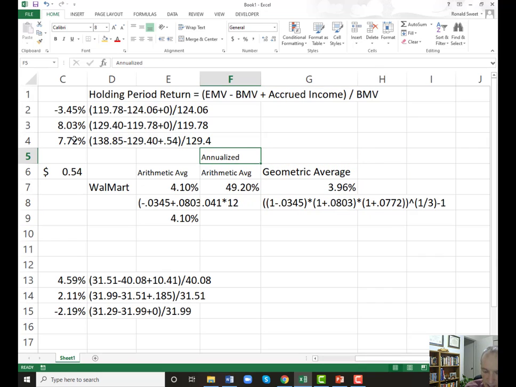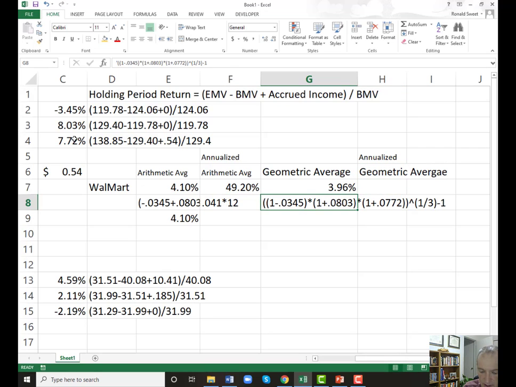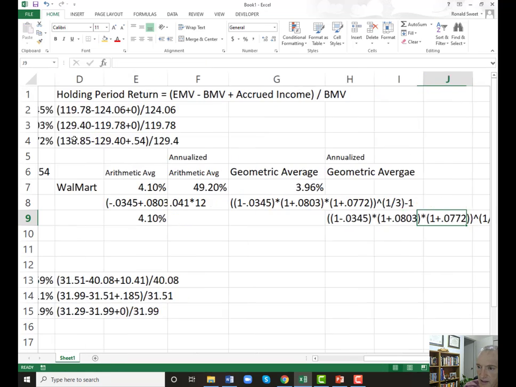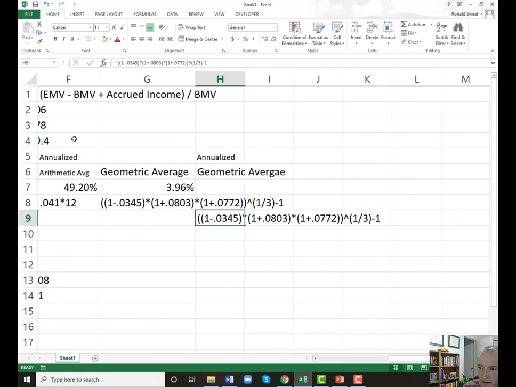And then we're going to annualize the geometric average. Again, we can just take this formula we've already done. It's the exact same formula. All we do is, instead of raising it to the 1/3, if it's monthly, we raise it to 12/3. If it's weekly, it's 52/3. So all you got to do is make that one change.